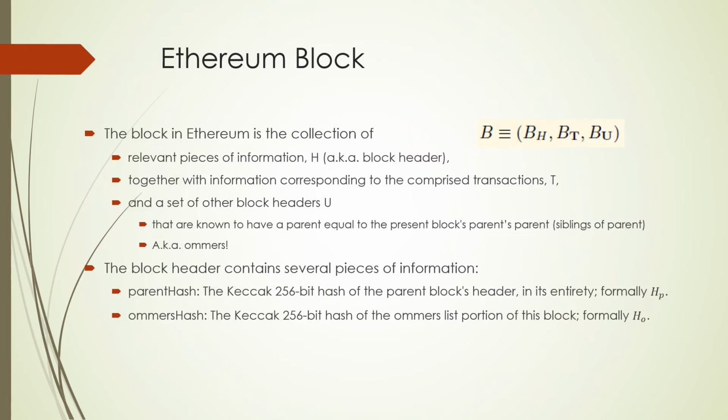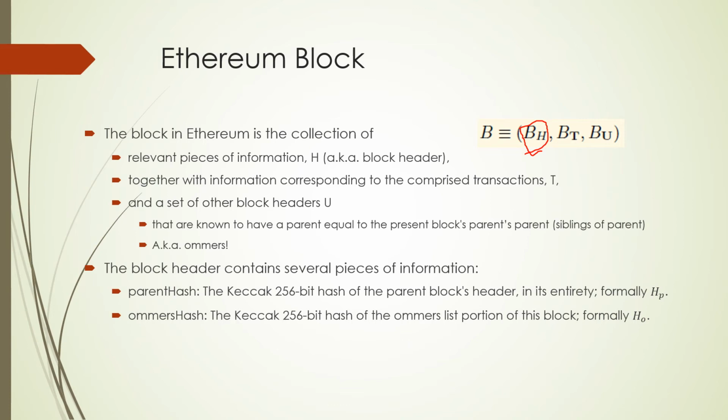Next, I talk about the blocks in Ethereum and the structures inside the block. A block in Ethereum is made of 3 pieces: B sub H, or the header, which contains relevant pieces of information. I'll talk about the details of the block header later.